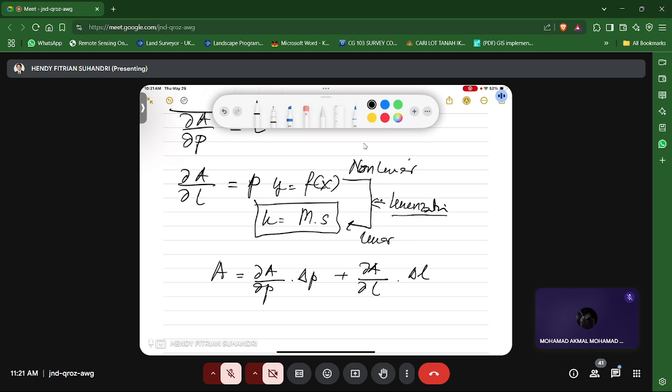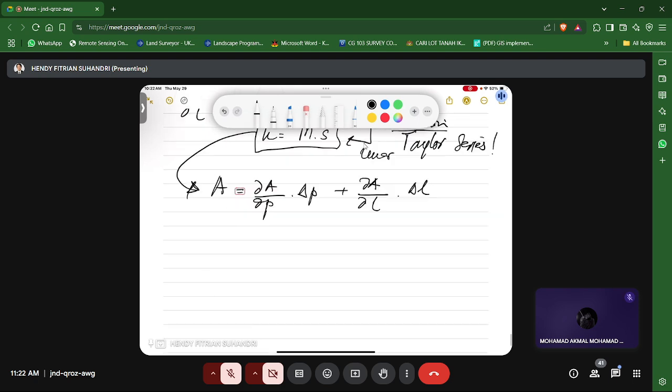I told you to read the Taylor series expansion. So this is the Taylor series expansion. So the equation now becomes a linear equation. We do linearization through the Taylor series expansion or through the partial derivative.